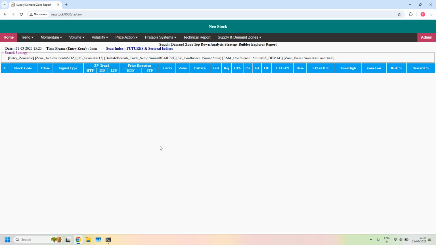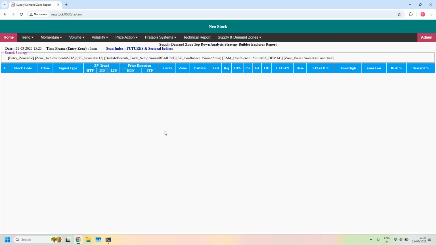So none of the stocks are having 15 minute supply zone with daily EMA Confluence. Okay, this is LTF ITF supply zone and ITF EMA Confluence filter. Next, we will look into LTF, ITF and even HTF supply zone Confluence supported stocks.